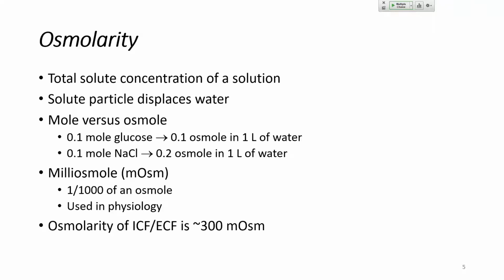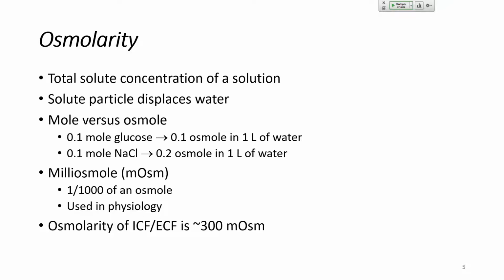But if we took sodium chloride and we put 0.1 mole of sodium chloride into that same 1 liter of water, the osmolarity of that solution would be 0.2 osmoles, because sodium chloride would further dissociate into sodium and chloride.